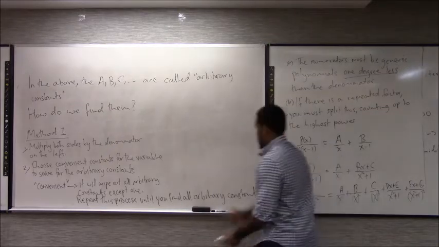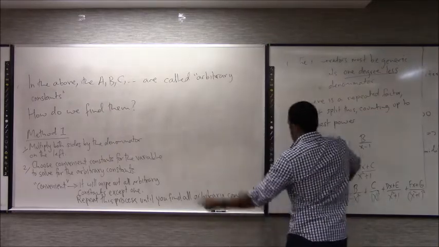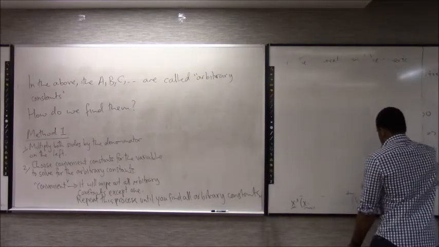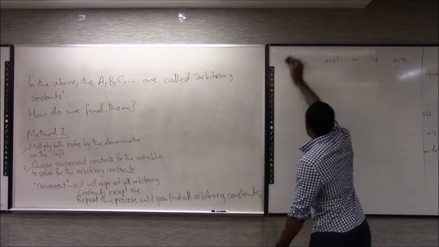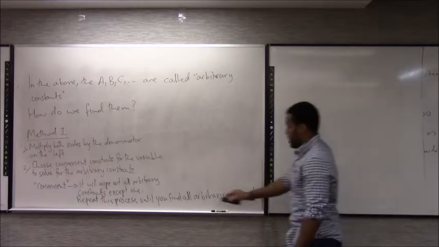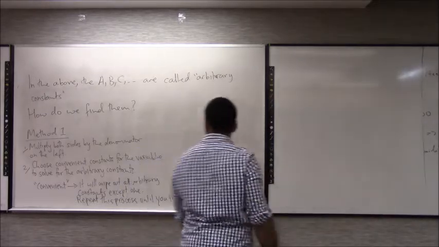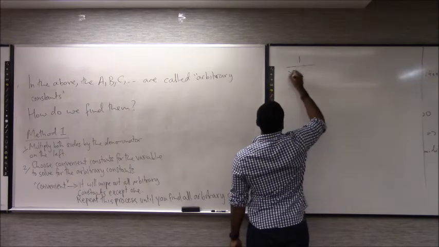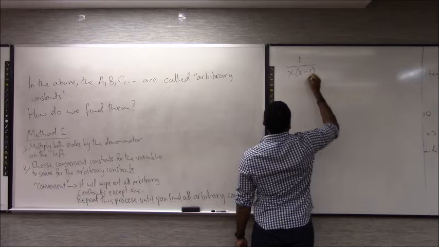Okay, so let's actually see what that would look like. We'll do many more examples here, but let me give you a couple quick examples off the bat. Let's say I had something like 1 over x times x minus 1.